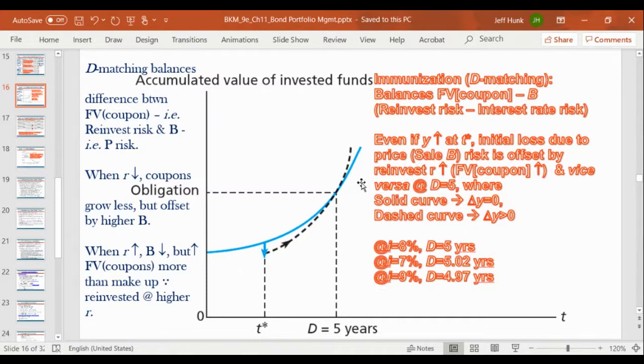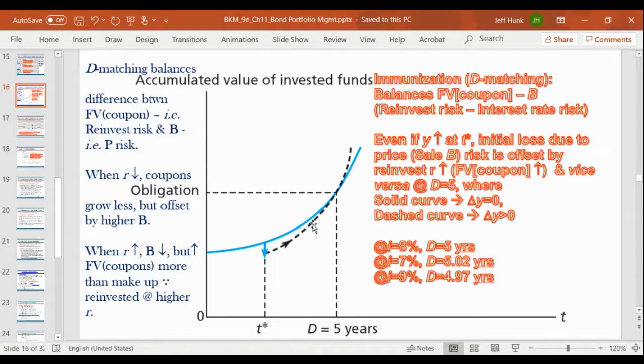And the solid curve represents the change when there is no change in interest rate, right? So the solid curve is basically capturing the change in accumulated value of invested funds.